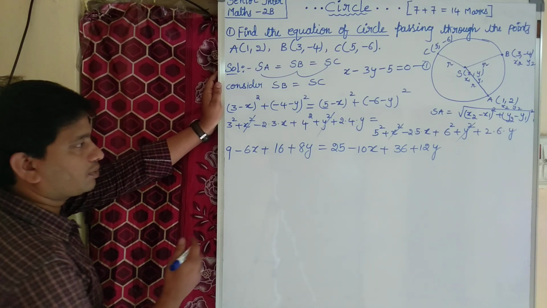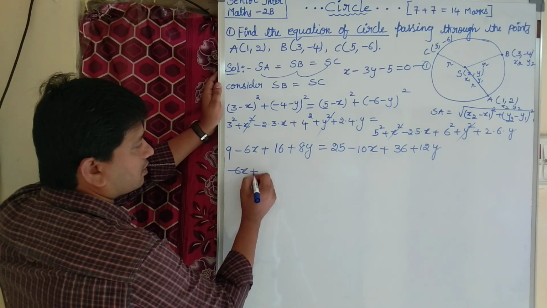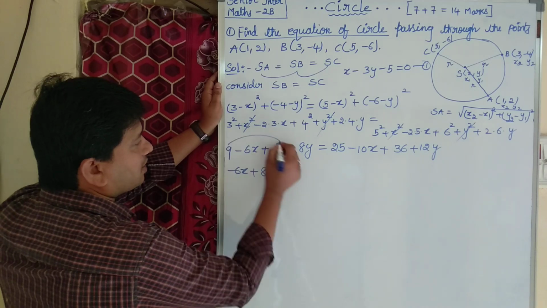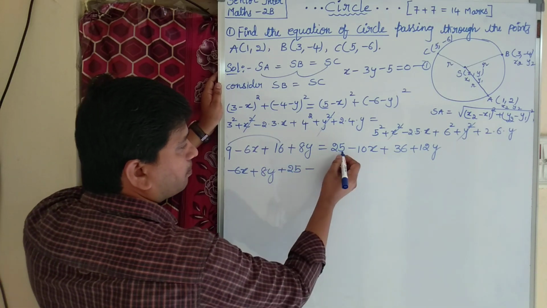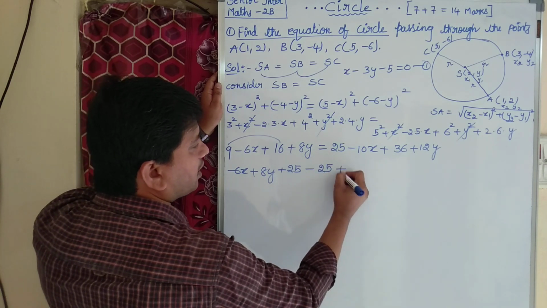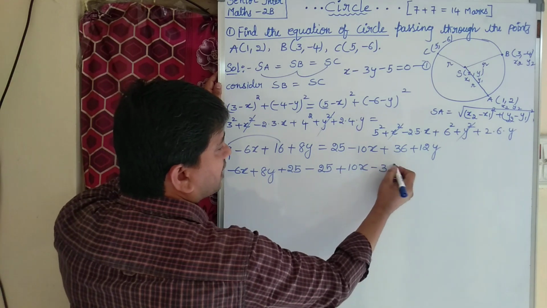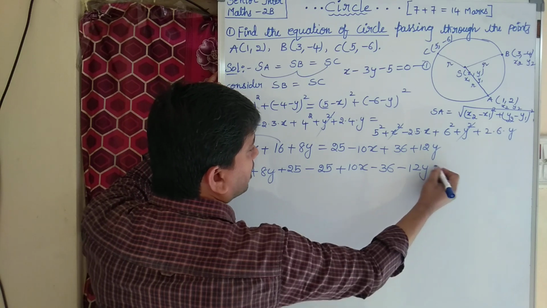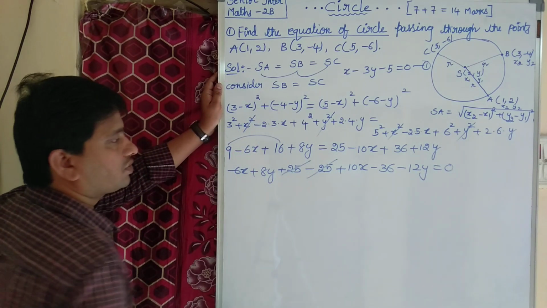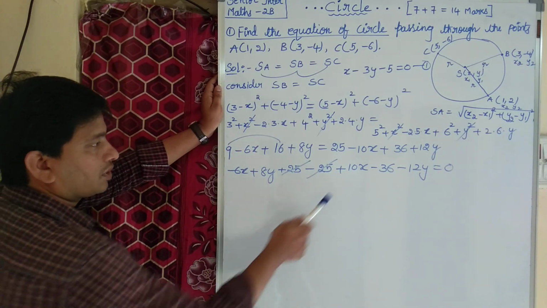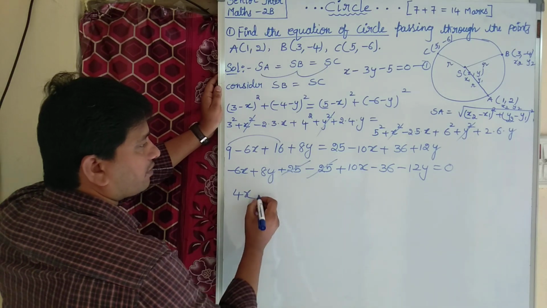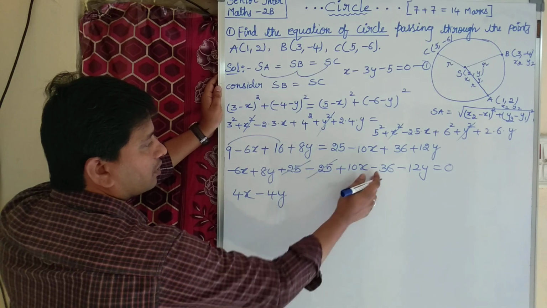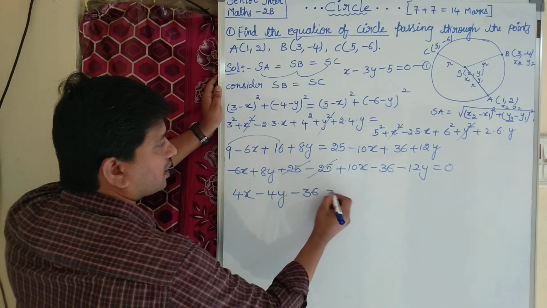Okay children, let us transpose: minus 6x plus 8y and 16 plus 9 is 25 equal to 25 comes to this side means minus 25, plus 10x minus 36 minus 12y equal to 0. Plus 25 minus 25 gets cancelled. 10 minus 6 that is 4x, minus 12y plus 8y that is minus 4y, minus 36 equal to 0.